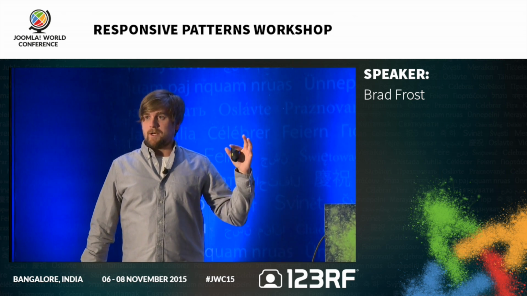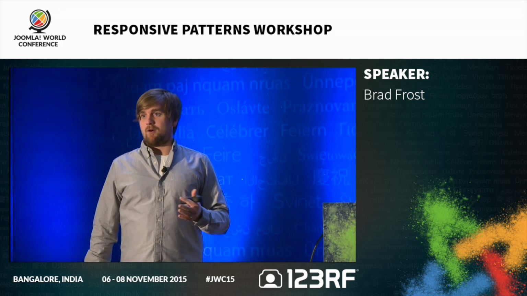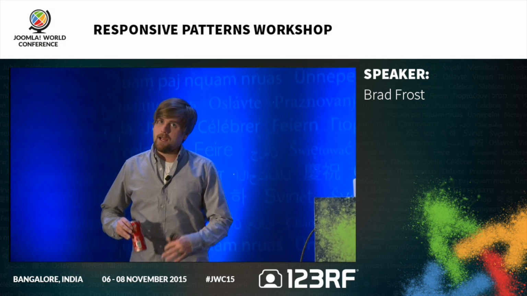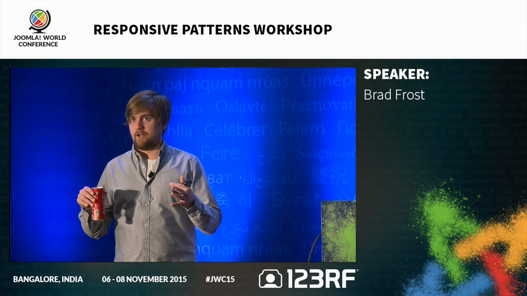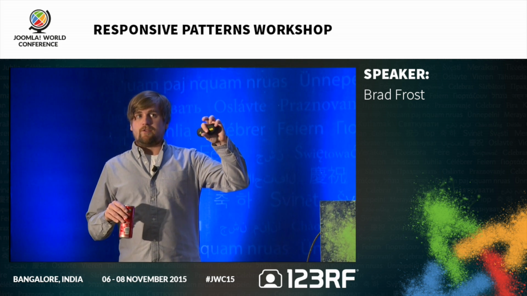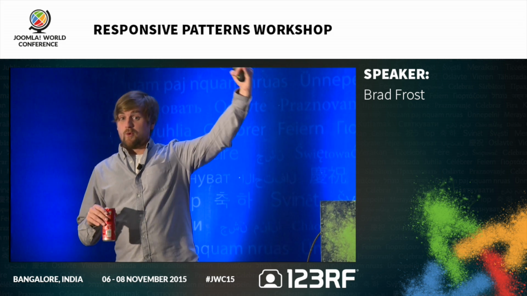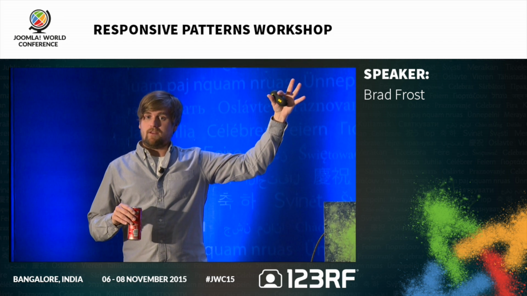Long story short, I don't really use pixels ever anymore unless I'm making a one pixel border around something. Ems are basically relative units for font sizes or sizes, period, based on the font size of the container. Rem units are the root em unit, so it's all based off of the document's body.